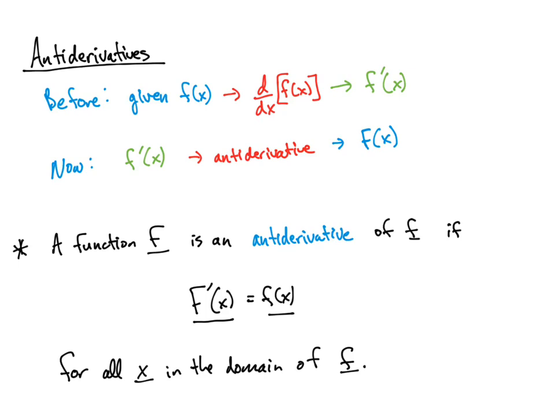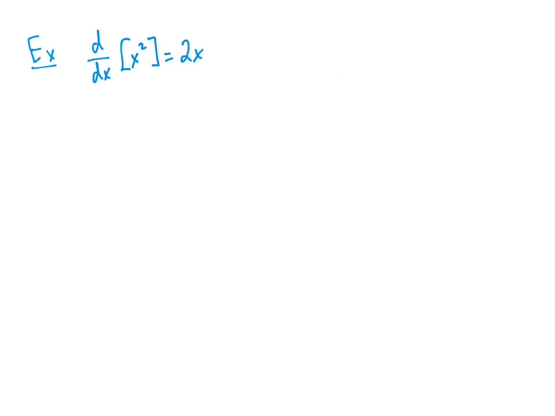So as a quick example, if we took the derivative of x squared, we know that would give us 2x by the power rule. So what we'd say is an antiderivative of 2x is x squared.